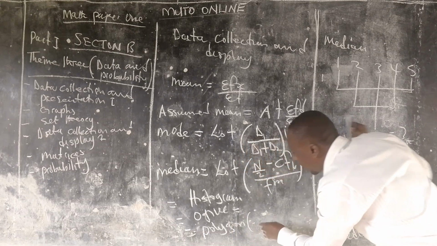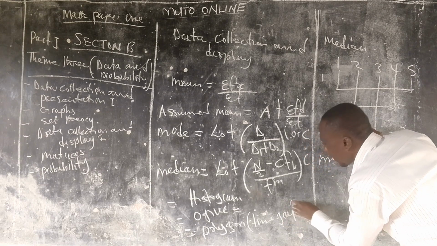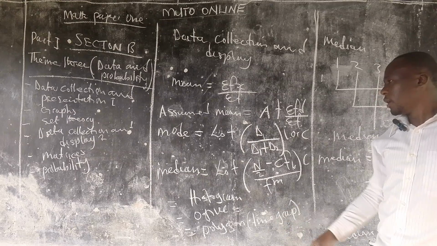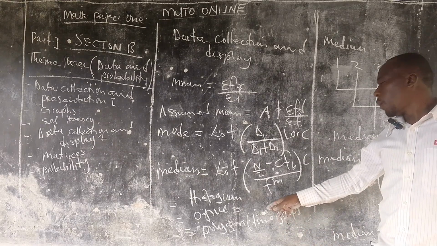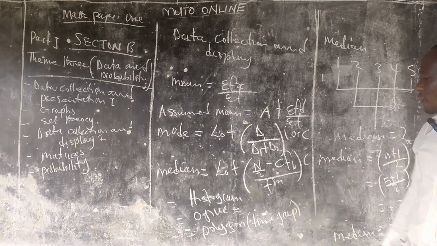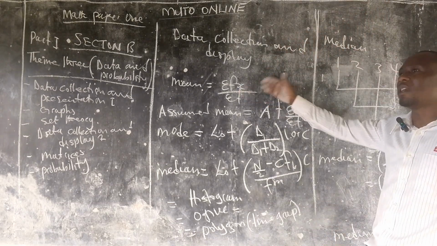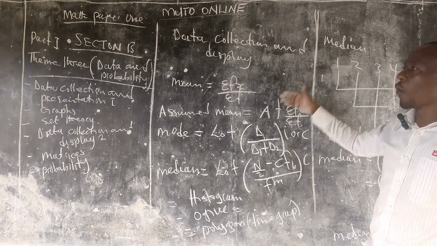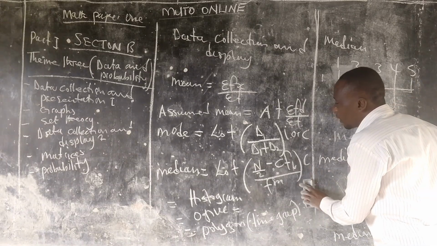So polygon, in brackets a line graph, we plot frequency against the midpoints. So this is what the new curriculum wants in this topic, called data collection and display. When you look at that, everything is done in that topic.